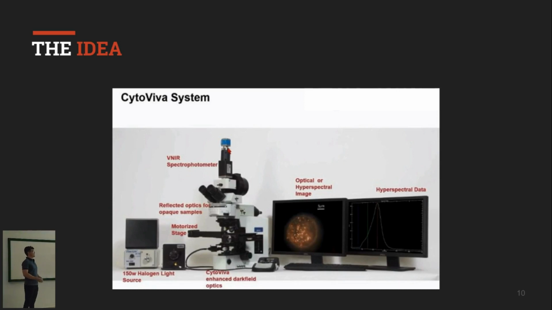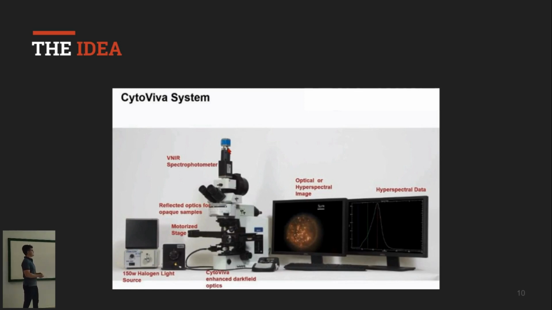I didn't notice before that a hyperspectral microscope already exists. This is a CytoViva system to do hyperspectral imaging using a microscope. But you can see this is a big system.